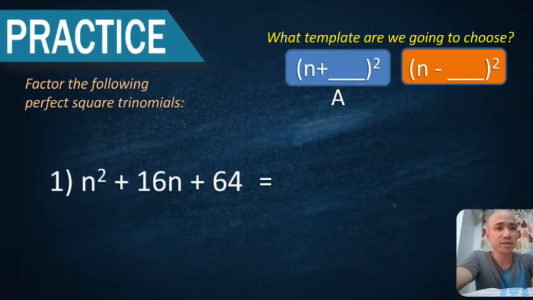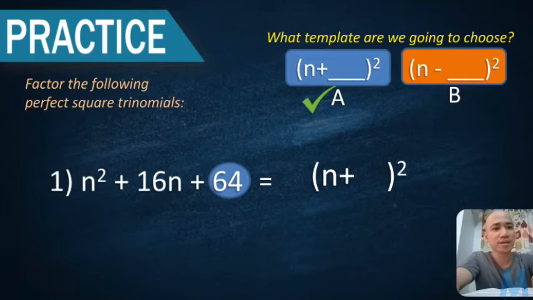Template A or template B? Very good. So template A. Okay? Ang aton nga second, it's a perfect square kag ang aton nga second term nga 16n is positive. And then we're going to get the square root of 64, 8. Okay. So muna ibutan nato sa template.